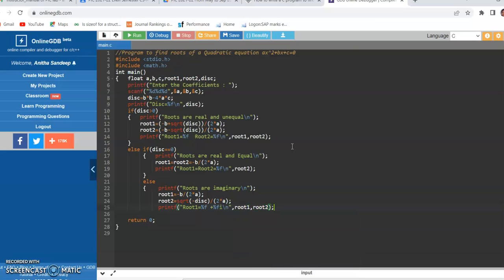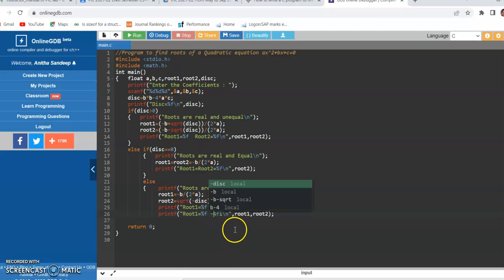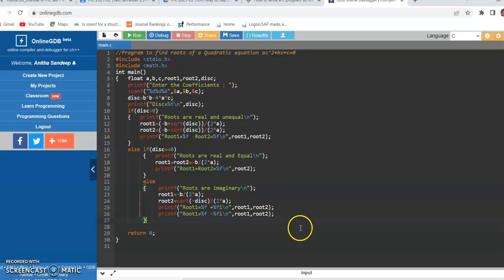In this case, root 1 and root 2 hold the real part and the imaginary part. Don't get confused. Otherwise, you can take different variables and store them. The second one is minus this one.